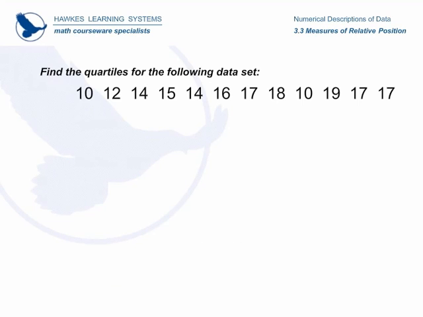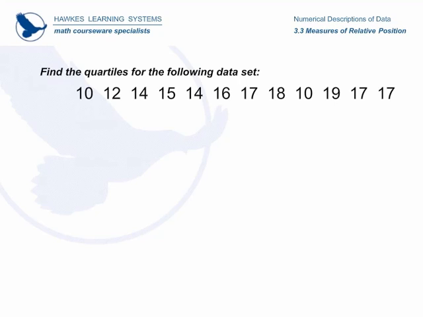Now let's take a look at another data set. This is a little longer data set. We have 10, 12, 14, 15, 14, 16, 17, 18, 10, 19, 17, and 17.